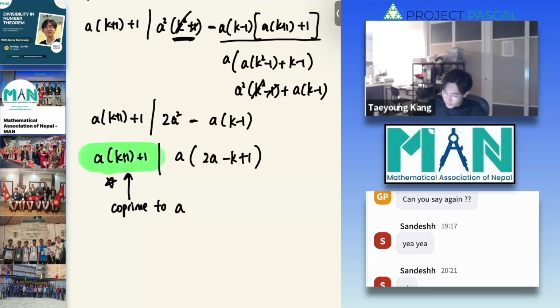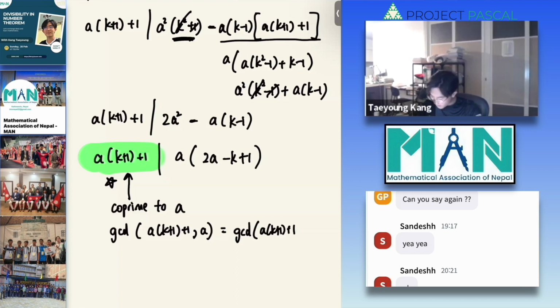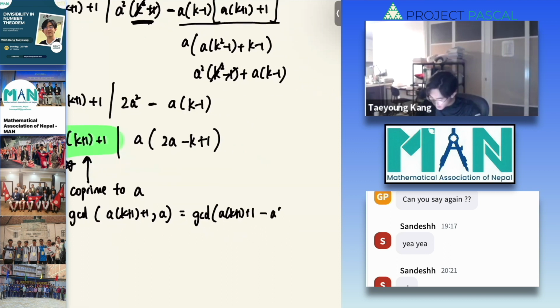So if you did a Euclidean algorithm on this, it is equal to the GCD of a k plus 1 minus a k plus 1 a, which is just GCD of 1 and a, right?